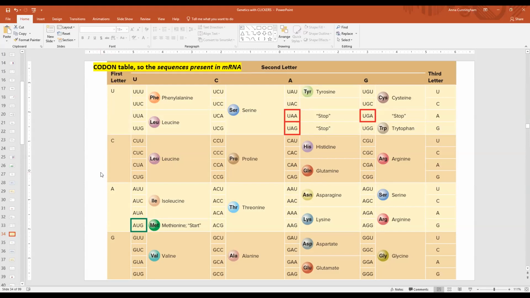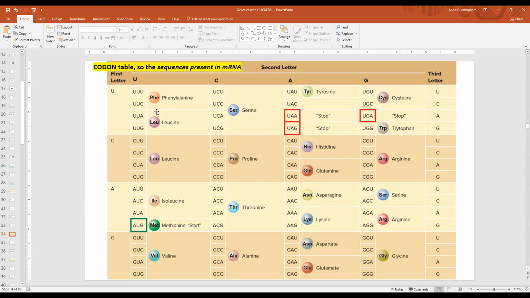But then I talked to Professor Chichi, who teaches 182, and she's like, oh yeah, it's degenerate. I was like, what? Okay, so you may hear repetitive or you may hear degenerate, but basically both of those things are just referring to the fact that multiple codons will code for an amino acid.